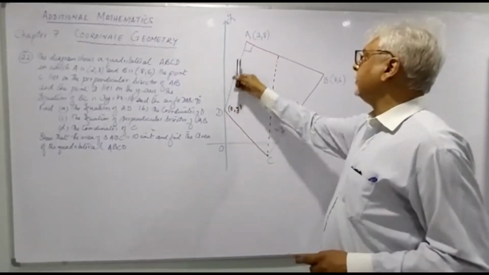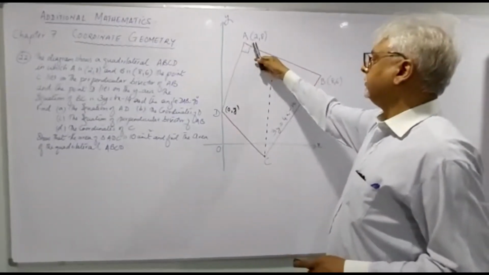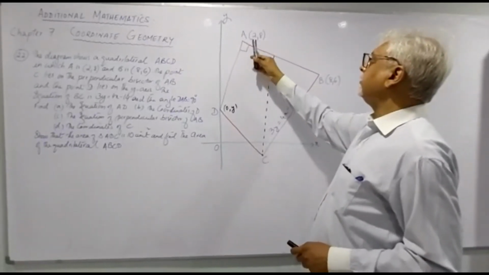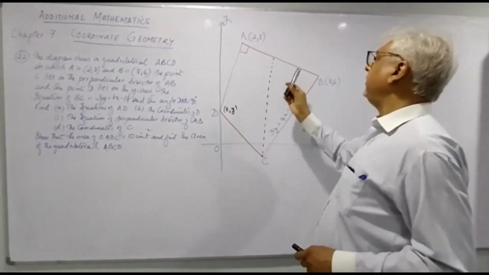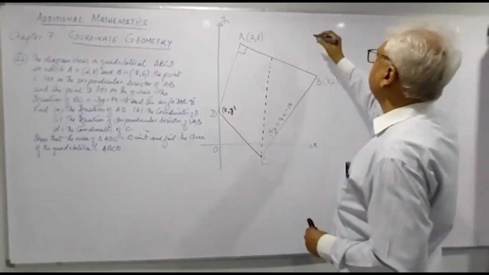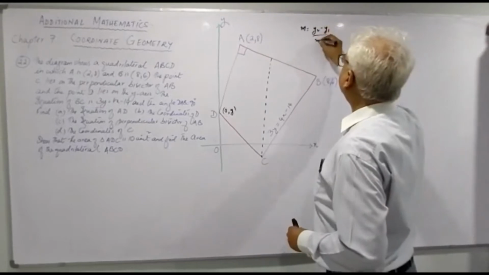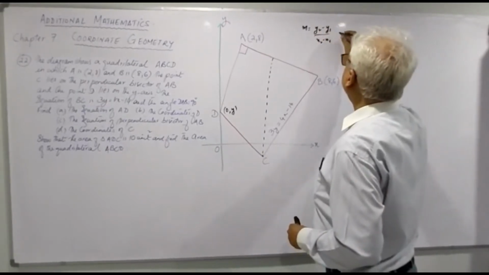Now you know that AD is perpendicular to AB. So we can find the slope of AB using the formula m = (y2 - y1)/(x2 - x1).